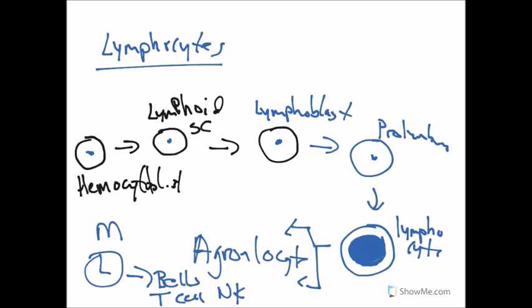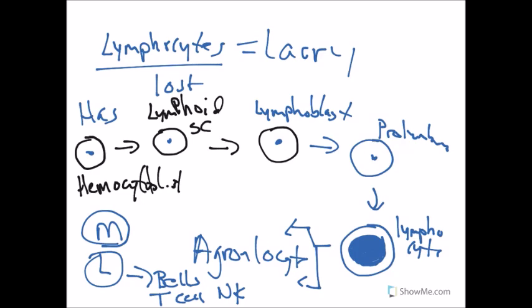And the monocyte is a phagocytic cell that helps us fight, as we'll see. The little mnemonic that I use is, now this is Larry. Larry has lost lollipops lately.